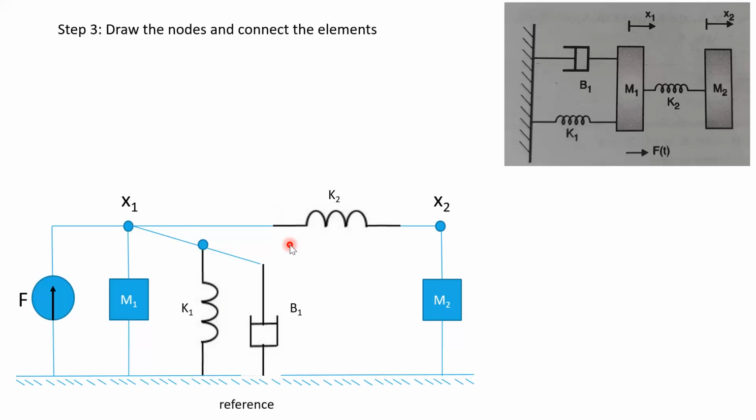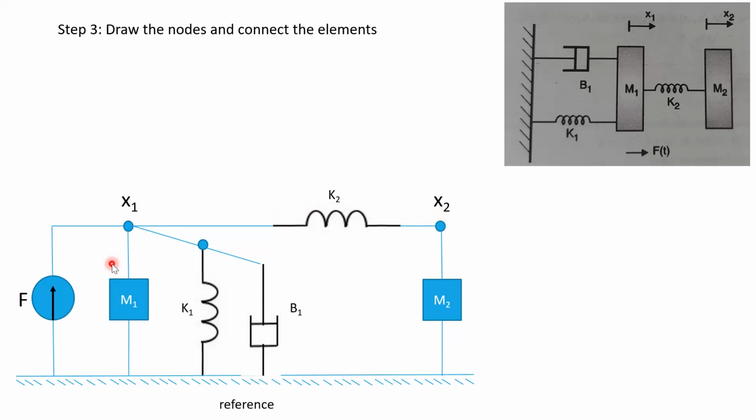Now the equations will be written in two different ways, because there is one force applied here, but there are two nodes, x1 node and x2 node. So we will write the equations first about the x1 node. Whenever I am saying about, that means I'll be writing the equation with respect to x1, and then I'll write the equation with respect to x2.